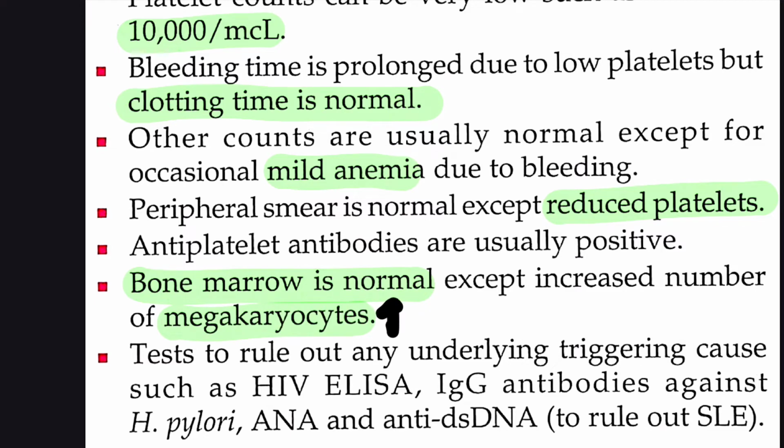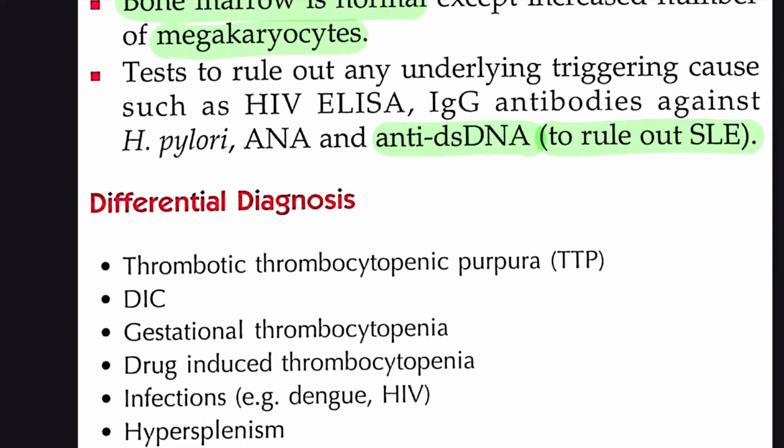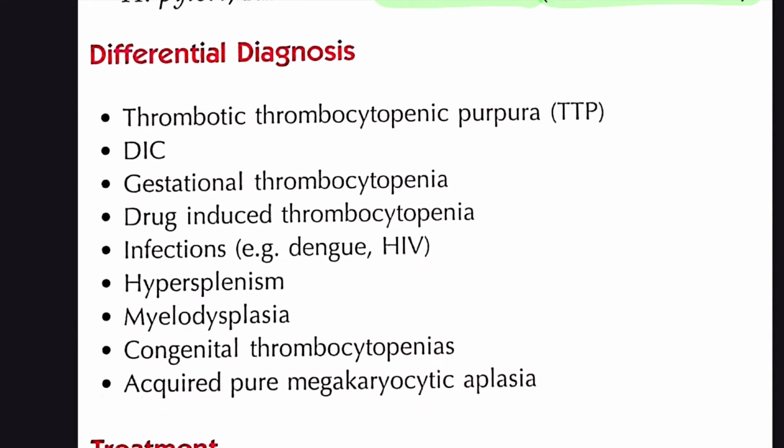Tests to rule out any underlying triggering cause such as HIV ELISA, IgG antibodies against H. pylori, ANA, and anti-double-stranded DNA to rule out SLE. Differential diagnosis.